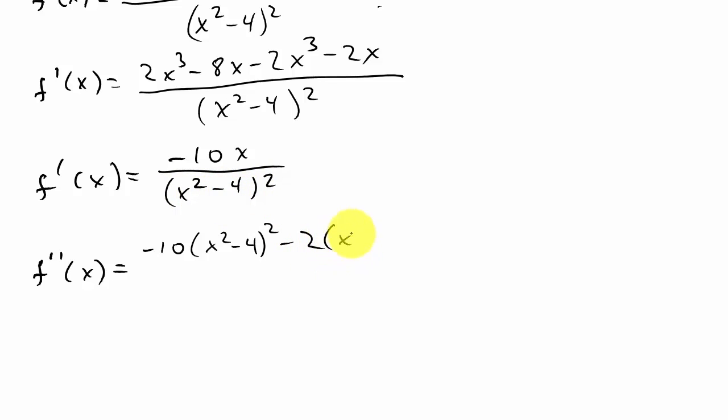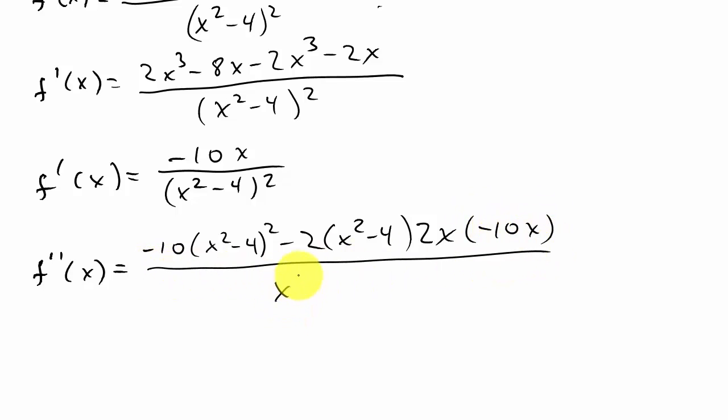So that's 2 times x squared minus 4, subtract 1, that gives me a 1, times the derivative of what's in the parentheses, so times 2x. And then times the numerator, so times negative 10x. And that's all over the denominator squared. And so I get f double prime of x.